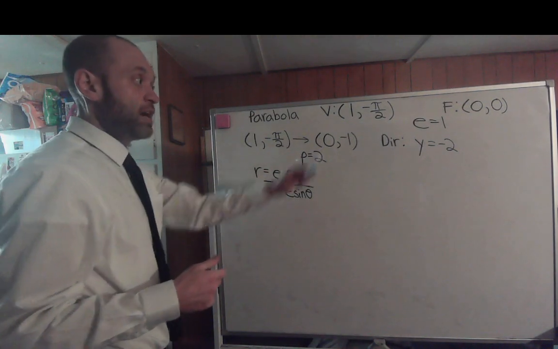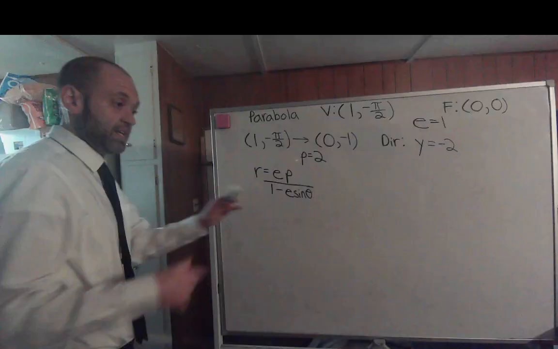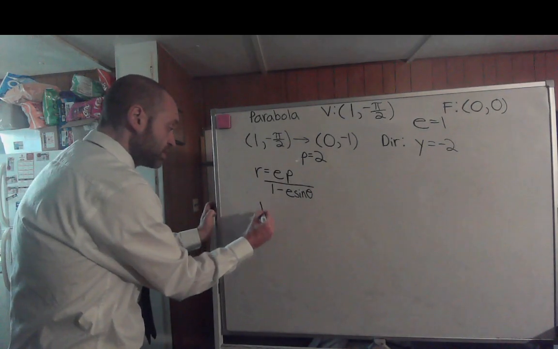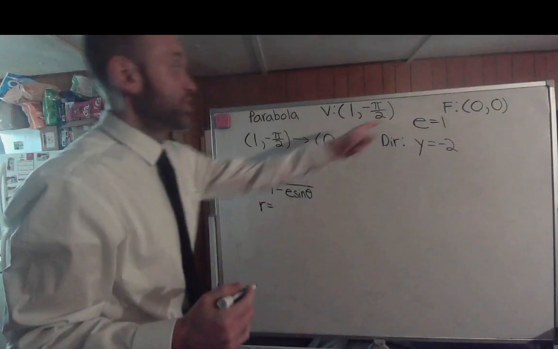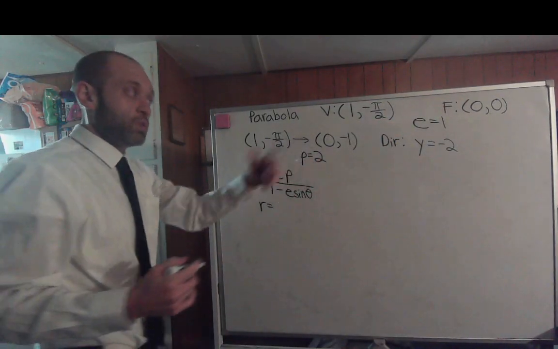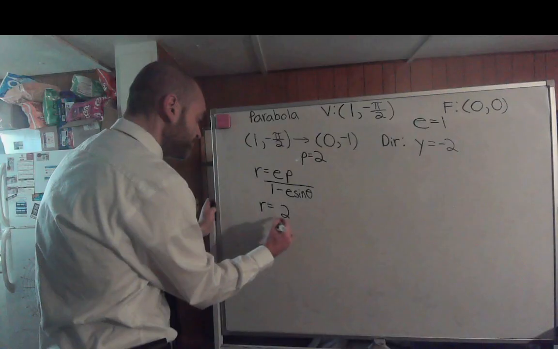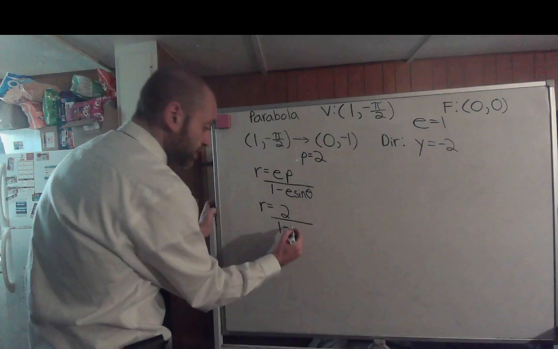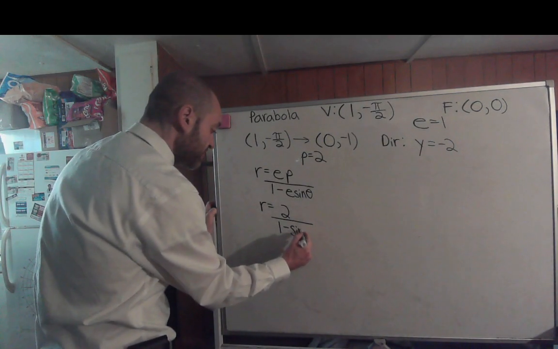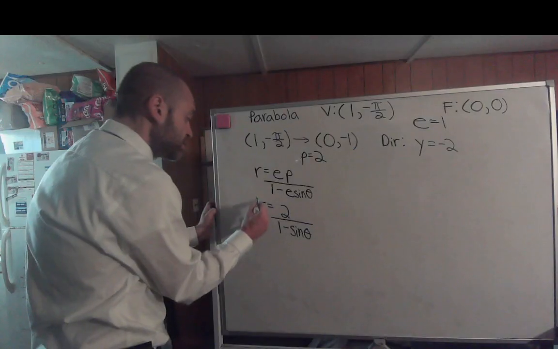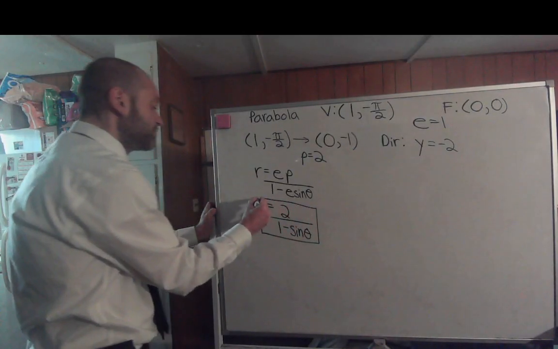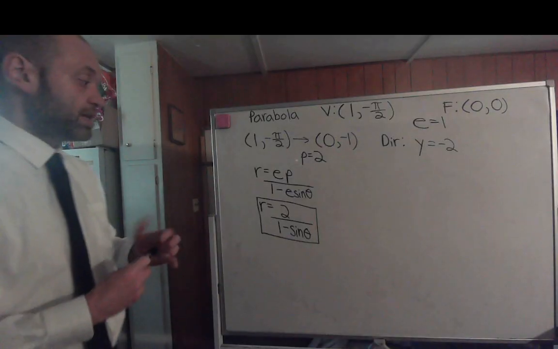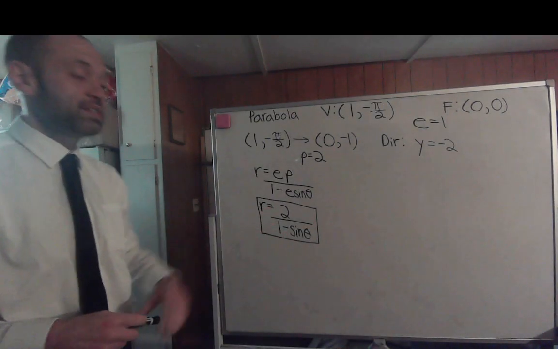Knowing what we know now with all this information, we can proceed to find the equation. So r equals e, which is 1, times p, which is 2. 1 times 2 is 2. All over 1 minus your eccentricity, which is 1, so this would just be 1 minus sine of theta. So the polar equation of this parabola in this case should be r equals 2 over 1 minus sine of theta.